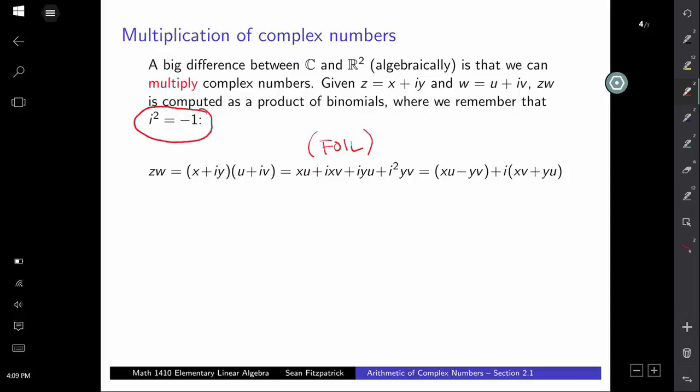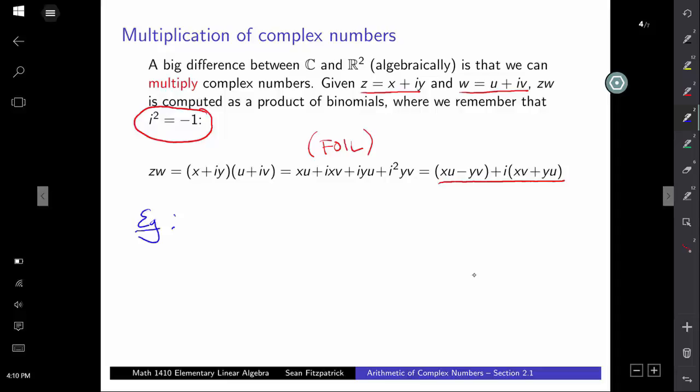And if i is the square root of minus 1, that means that when you square it, you should get minus 1. So if you want, you can take this as a definition of multiplication. So the product z times w, if z is x plus iy and w is u plus iv, you can just take this last term here as the definition of multiplication. But I find it's better in practice to just think of this as doing FOIL, where you have to remember that i squared is equal to minus 1.